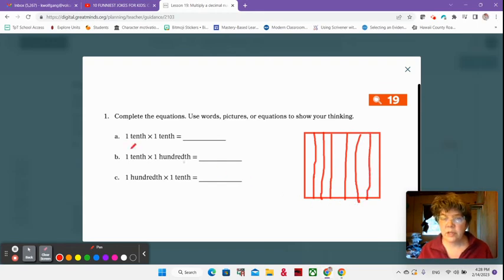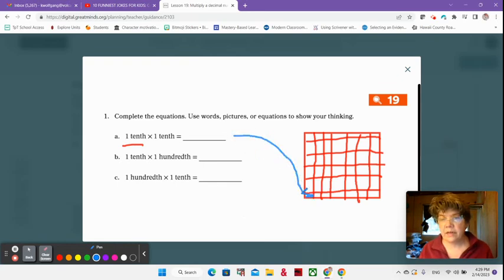So 1/10 would be one of these, 1 out of 10. But if I'm multiplying by 1/10, then I'm going to draw 10 lines going this way as well. Sound familiar? I know there's not 10 of them, but 1/10 times 1/10, or 1/10 of 1/10, is this little part right here.